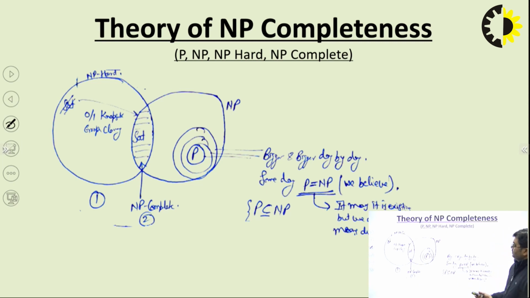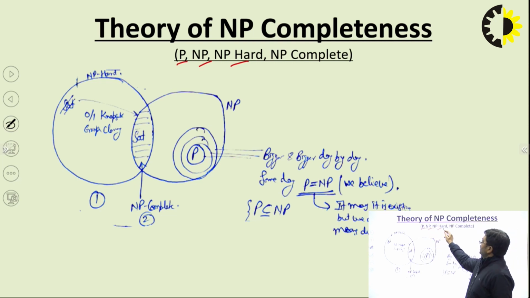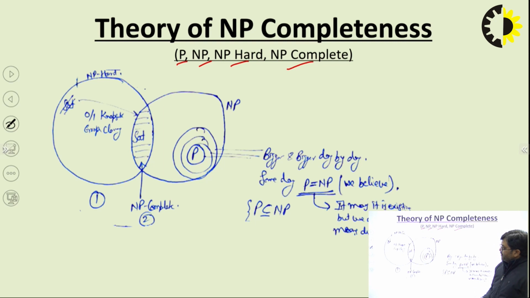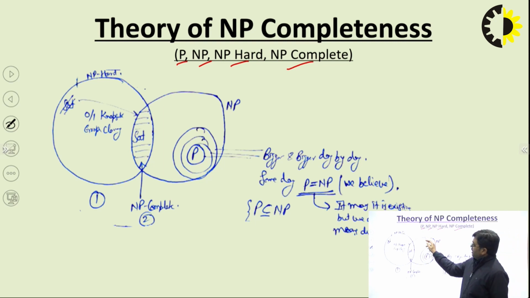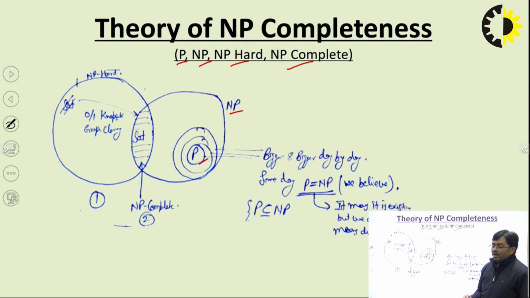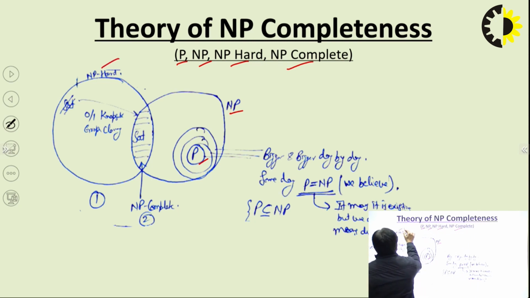These are the classes we have seen till now: P, NP, NP hard, NP complete. Earlier we had only 2 classes, NP and P. Now we have 2 other classes also, NP hard and NP complete.